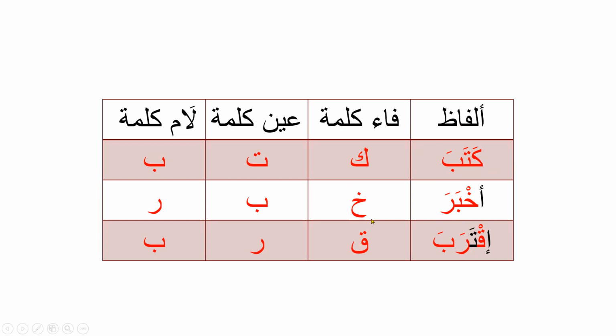The root letters are Kha, Ba, and Ra. So how do you know that this alif is not a root letter? This is where Sarf comes in, and Sarf will help us in finding out what the extra letters are that are included in our words.